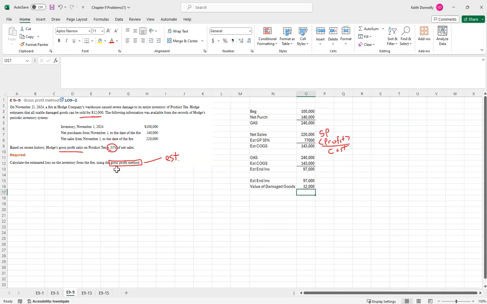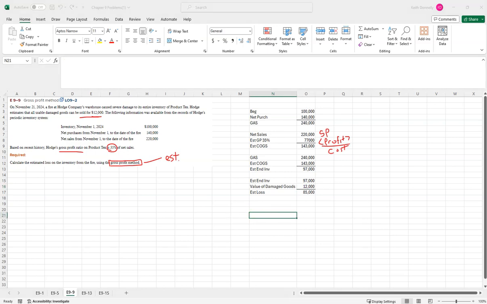They give us that right up there. Essentially, we had inventory, and when we did an estimate of 97,000, the best we can sell it for is 12. That means we're going to have an estimated loss of $85,000. So that's the idea there.